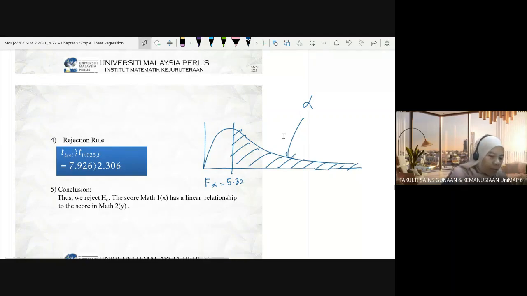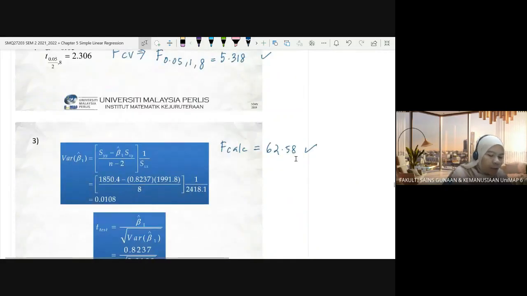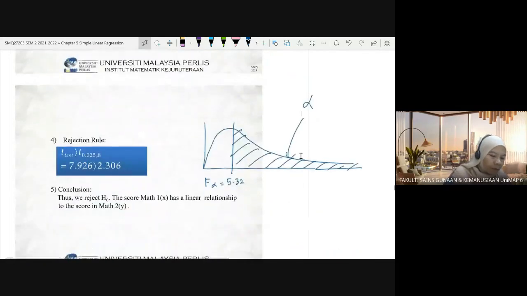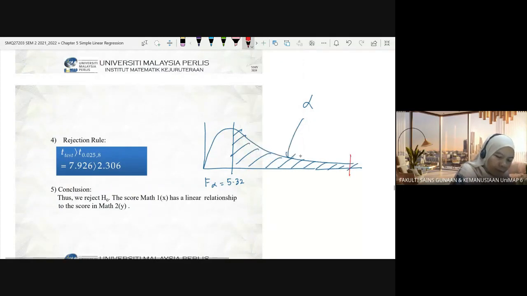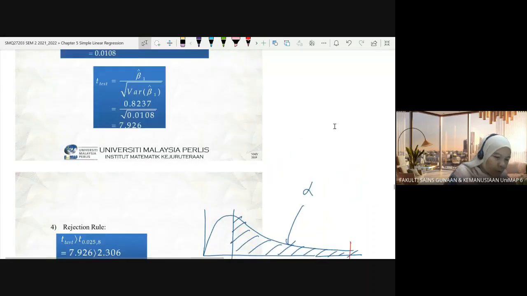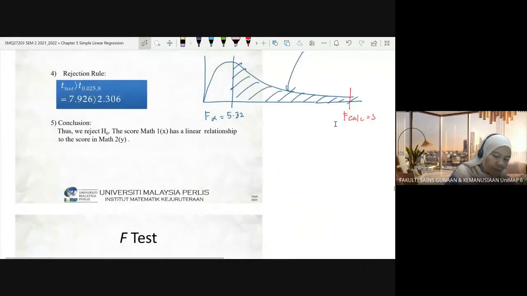And what is your F calculated value? 62.58. Very big. So in this case, this is your F calculated, 62.58.